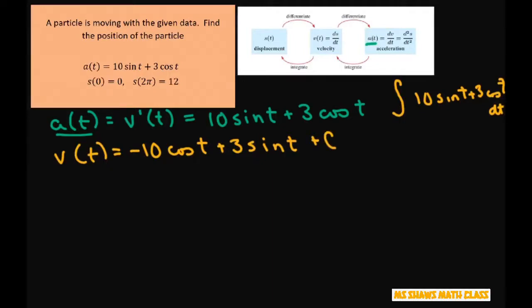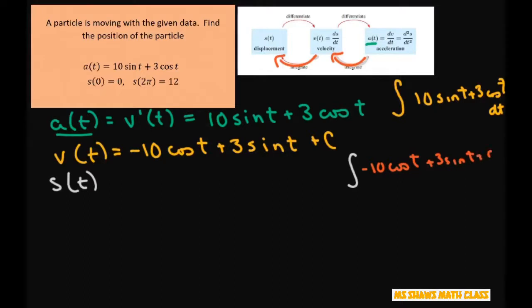Now you have to do it again. You integrate v of t to get s of t, because we're working backwards, so we're basically integrating. We integrate negative 10 cosine of t plus 3 sine of t plus c dt.